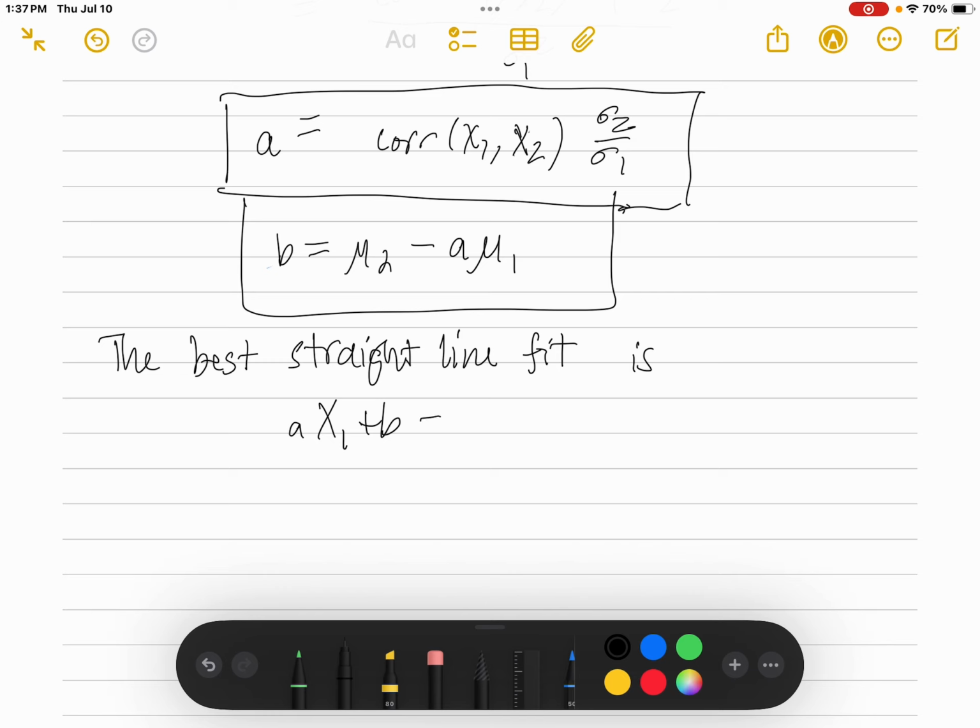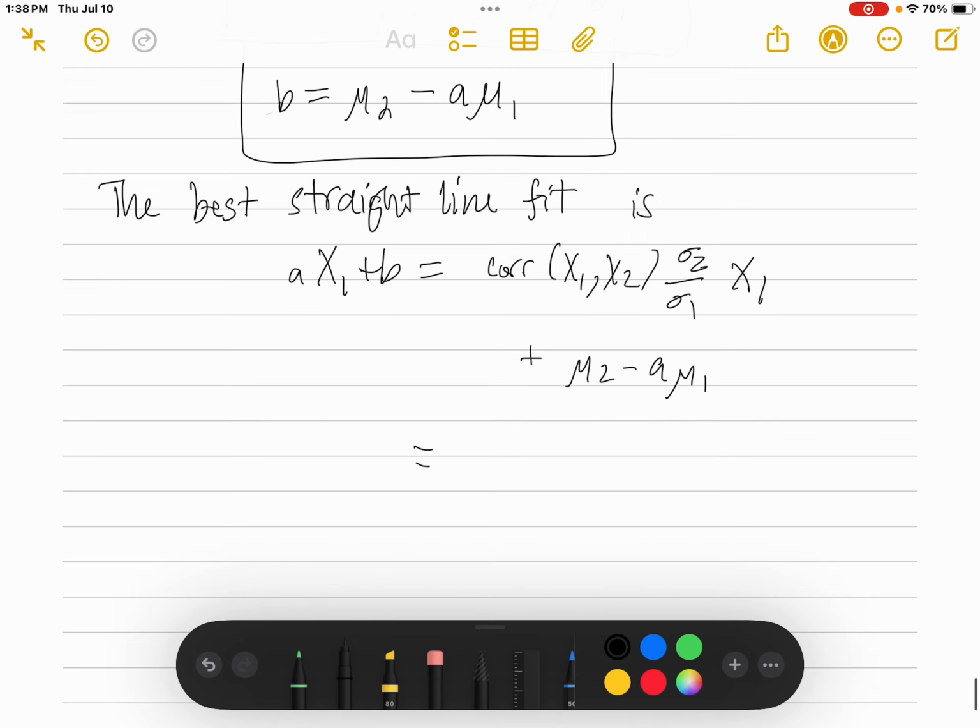So this is going to be the correlation between x1 and x2 times sigma 2 over sigma 1 times x1 plus mu2 minus A mu1. And I can write this as mu2 plus correlation of x1 and x2 times sigma 2 over sigma 1 times x1 minus mu1.